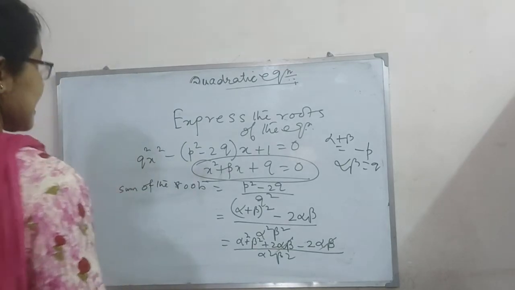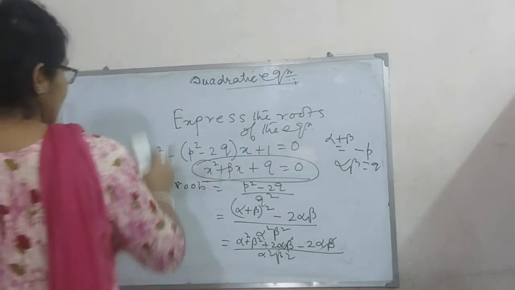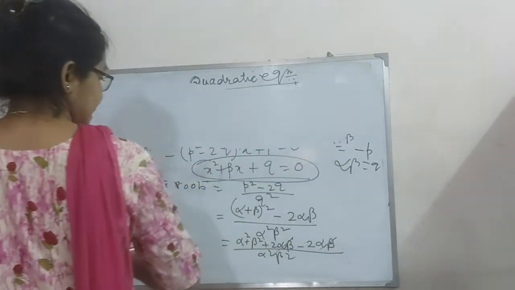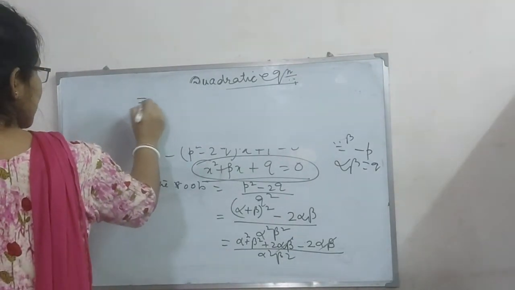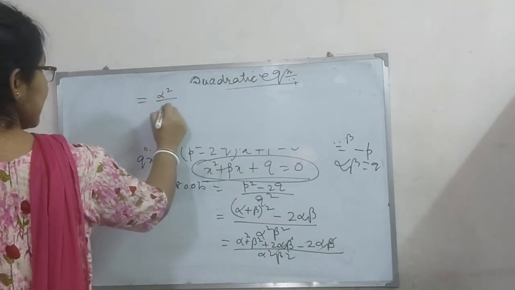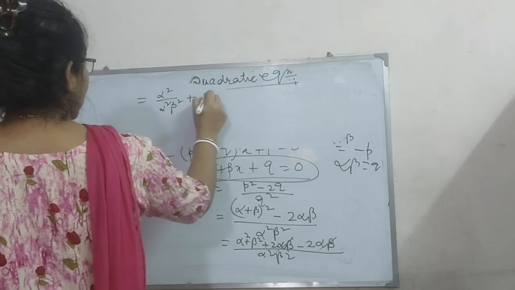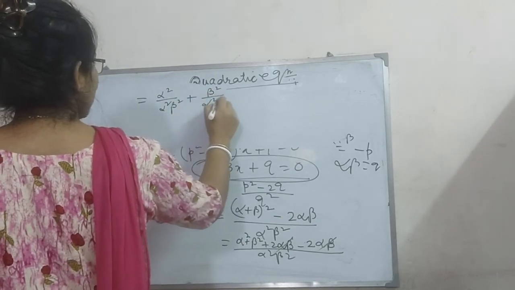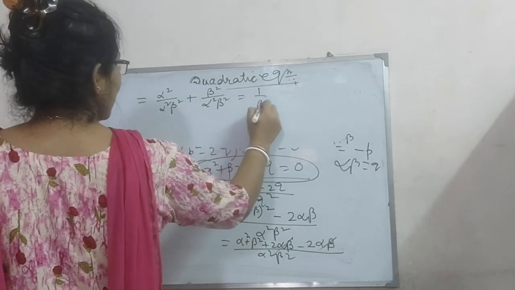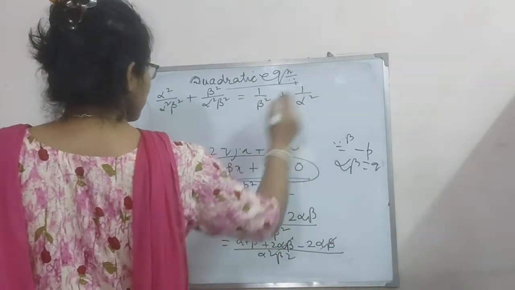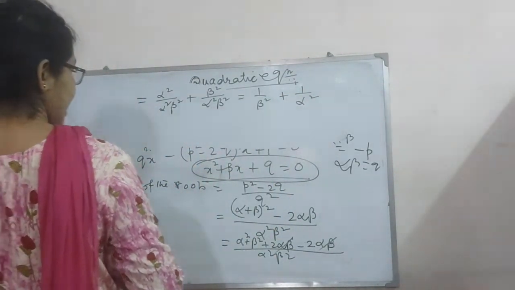This cancels out. So I can write this equal to alpha square by alpha square beta square plus beta square by alpha square beta square. This equal to 1 by beta square plus 1 by alpha square.